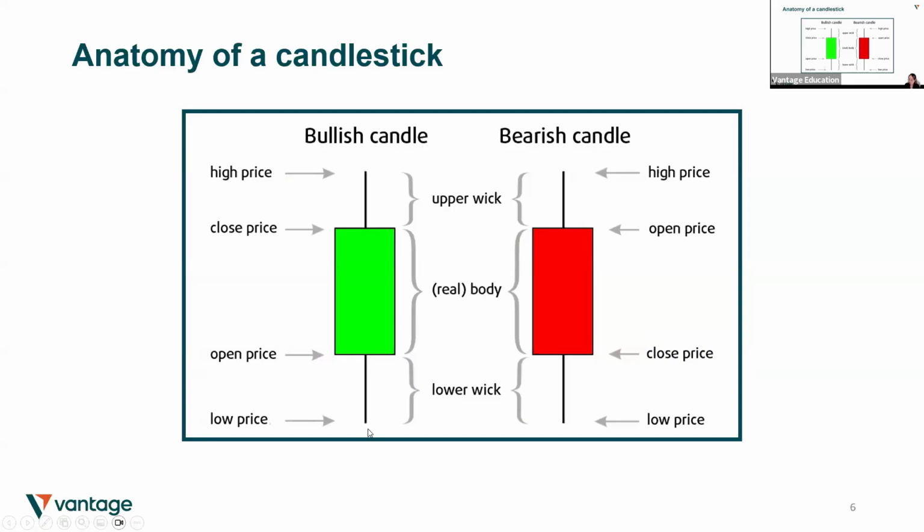You see that the buyer pushes the price all the way up here, and maybe comes down to the lower price and closes above. For the bearish, the seller controls the market, opening here, pushing the price all the way down, then pushing the price up and closing below. So by now you should already know how to read the candle.